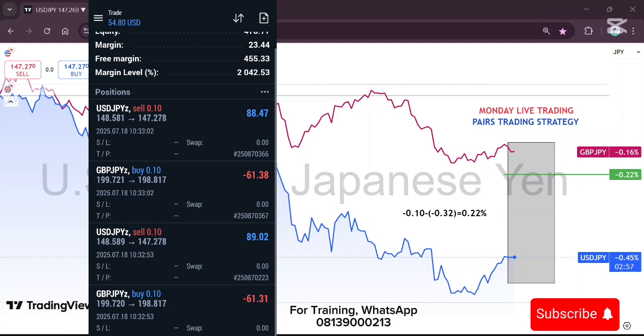This trade is actually ripe for harvest, for taking profit. My signal is telling me that I can close the trade, so I can go ahead and close it. Okay, so this is it.